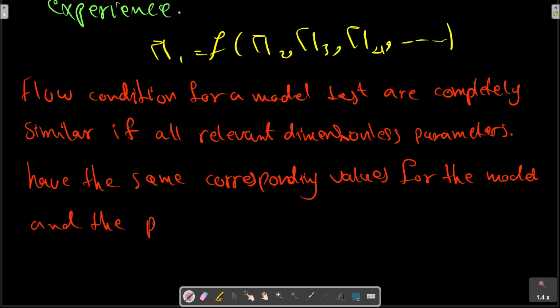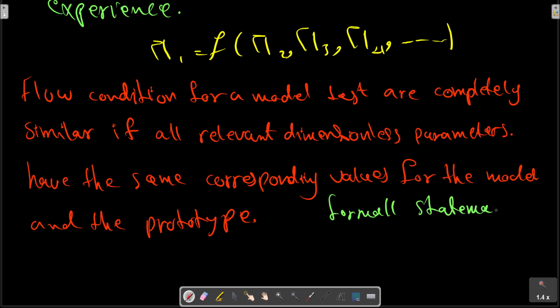This is the formal statement for modeling.